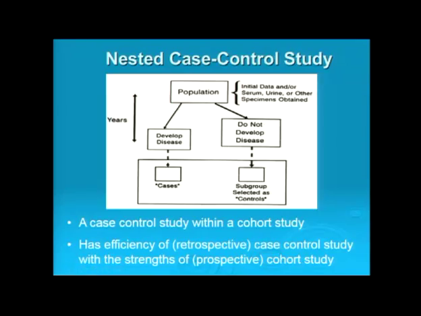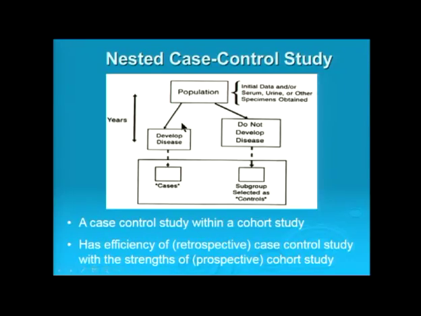If you think about that Framingham study that I talked about, where they took individuals who had hypertension, and they followed them forward in time to see who developed cardiovascular disease and who didn't. They were following those individuals and collecting all kinds of health information on them.